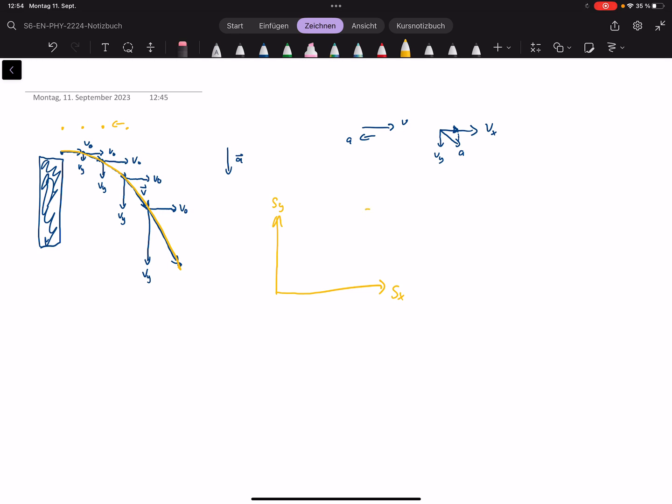So we need to find a formula for y as a function of x, and this must have the form of a quadratic equation, where x is squared as the highest power. And this is what we want to do in the following chapters.